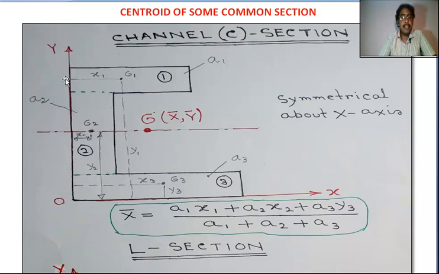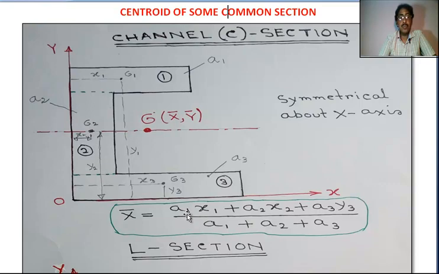Here y bar is fixed. This distance is y bar. This is this height, this length by 2. This is y bar. We only calculate x bar.